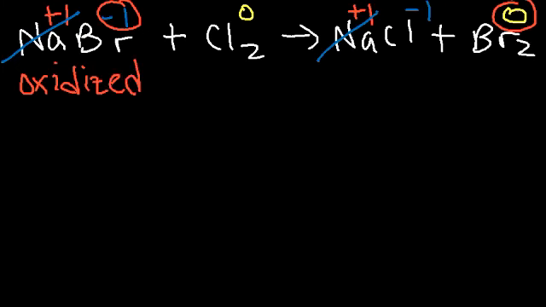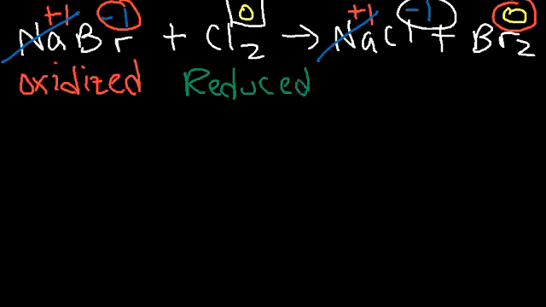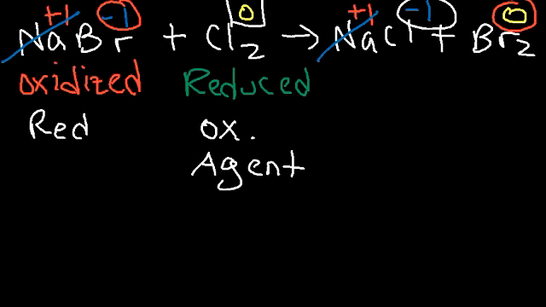And if you look at Cl2, the oxidation number decreased from 0 to -1. And so we could say that chlorine was reduced. So therefore, chlorine is the oxidizing agent and sodium bromide is the reducing agent.